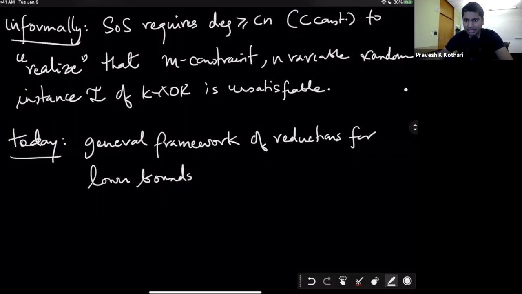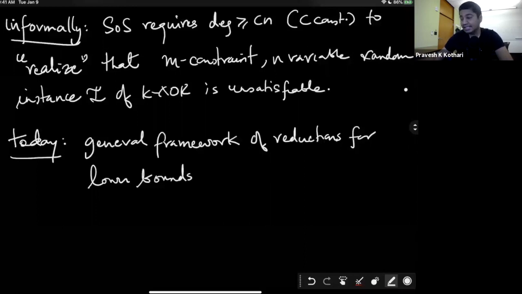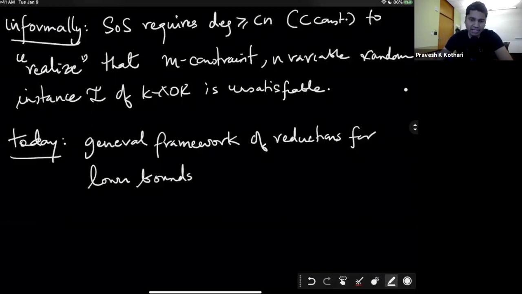But some of the problems we're going to look at today, like maximum independent set, are not problems which can be phrased as maximizing a polynomial over the hypercube. They can be thought of as optimization of polynomials over some constrained subset of the hypercube.